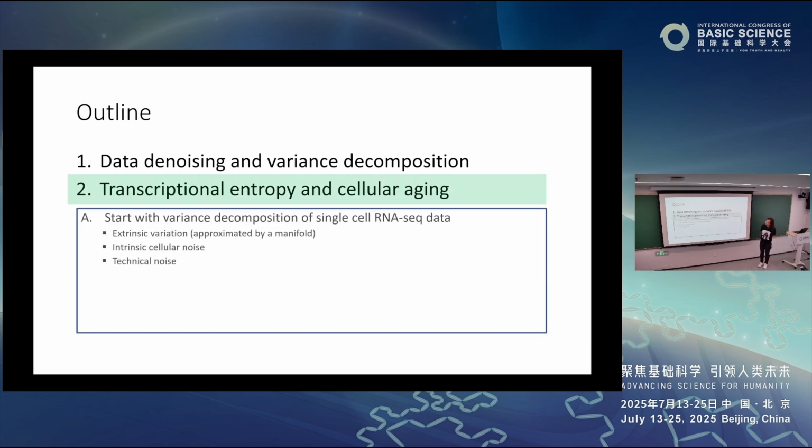So we started with a statistical hierarchical model that gave a variance decomposition of single-cell RNA-seq data. This model decomposed the variation in the single-cell data into 3 components: the extrinsic variation, which is basically the manifold fit, the intrinsic cellular noise, and the technical noise.